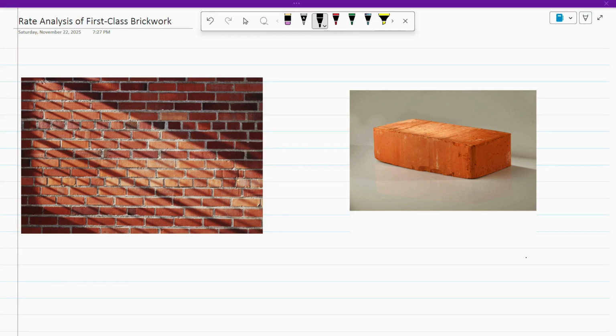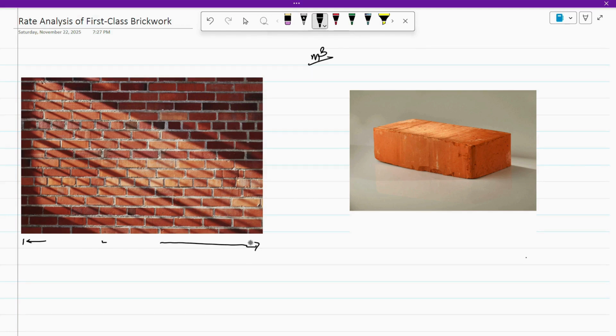When you are doing the rate analysis, the first thing is you understand the item. So this is a brickwork, and the unit for measurement is meter cube, meaning that if this is your brick wall, then when measuring your item of work, you will measure the length from this end to this end.